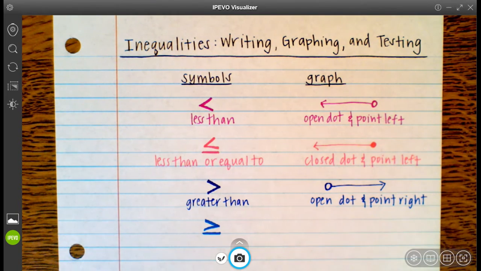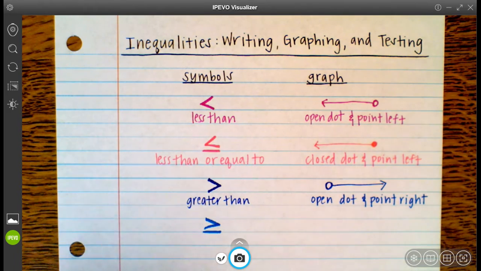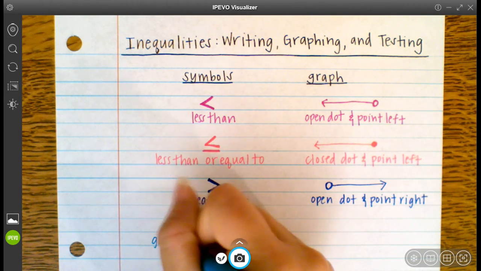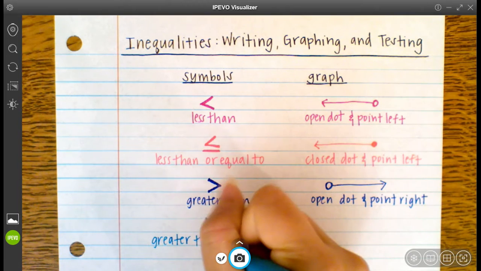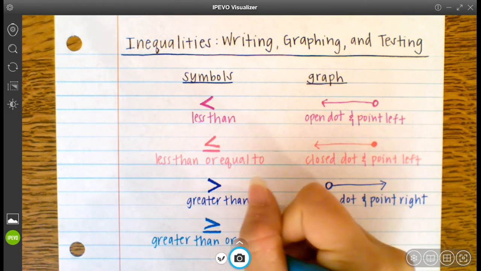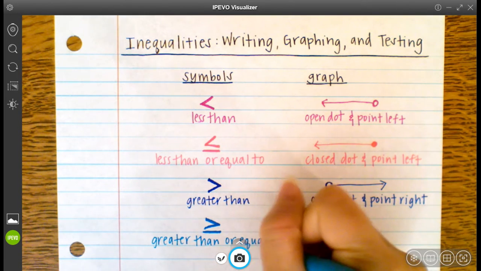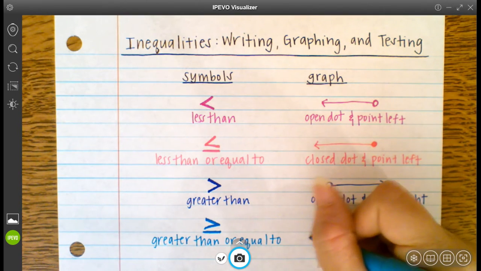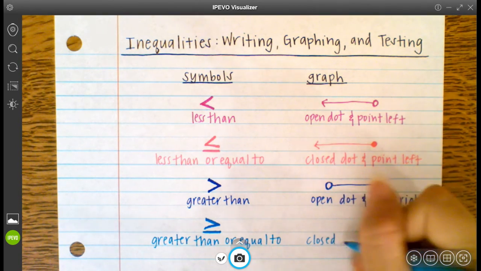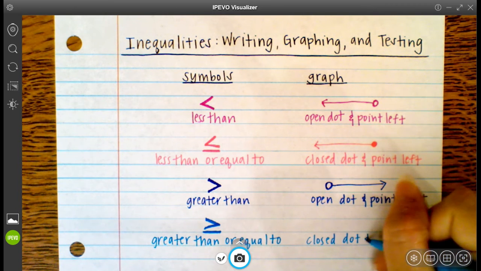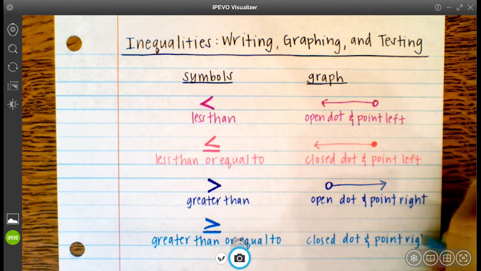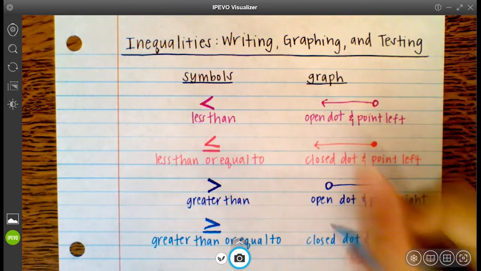And last but not least, we have this last symbol, which is the greater than or equal to symbol. And this guy will take a closed dot, and you'll point towards the right again, since that's the symbol for greater than. It points towards the right.